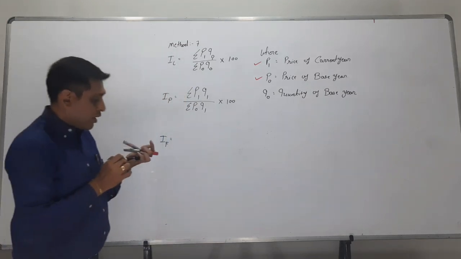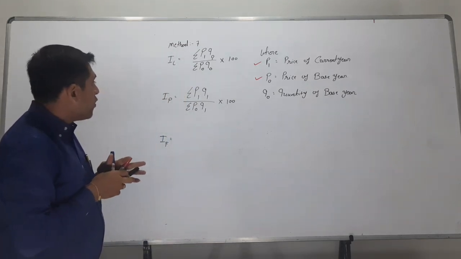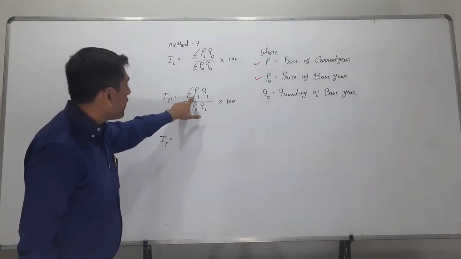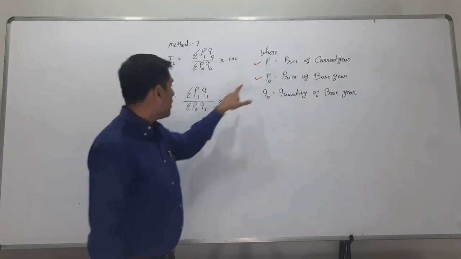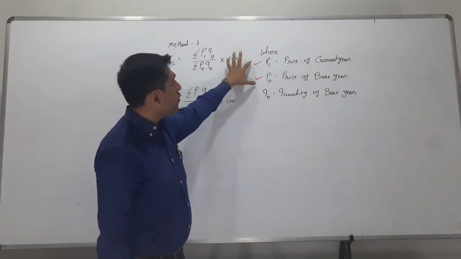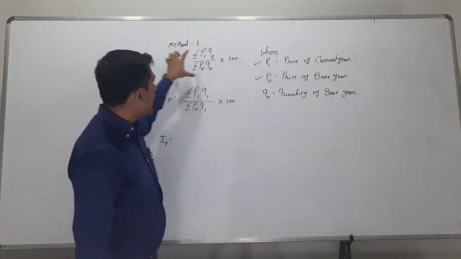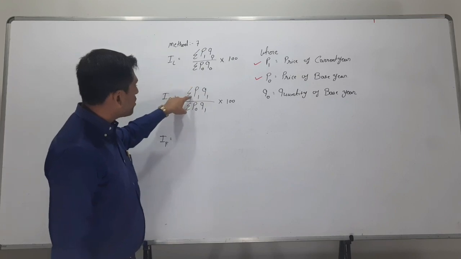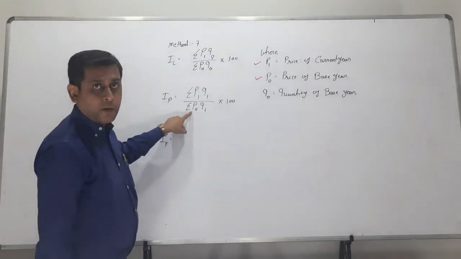See what information is given here and which information we have to use in Paasche's formula. P1, that is price of current year, P0, that is price of base year. So price of current year and price of base year are used in both the formulas, P1 P0, here also P1 P0, right?